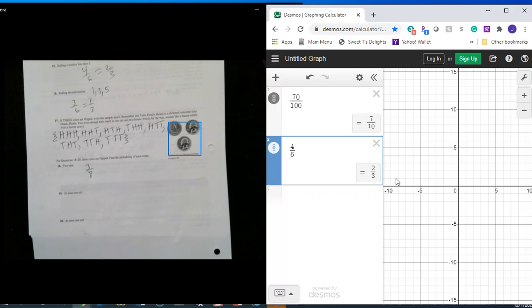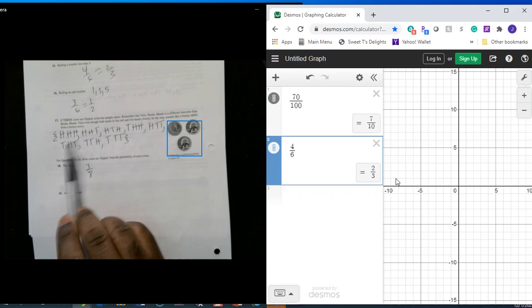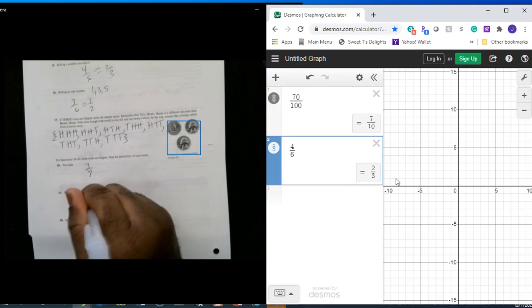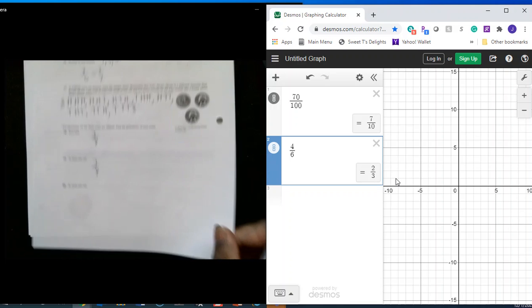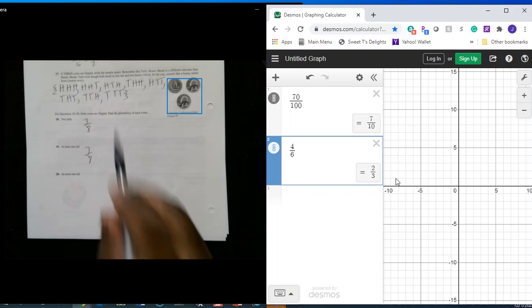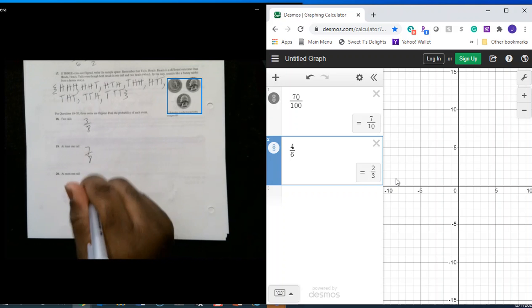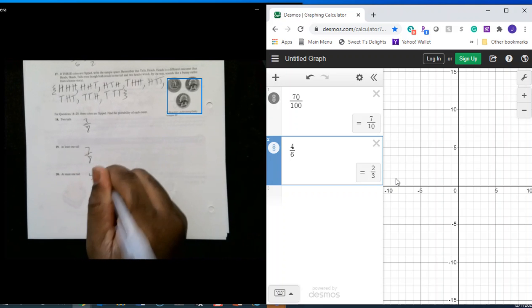Now it says at least 1 tail. That means 1 tail or higher. So we got 1, 2, 3, 4, 5, 6, 7. So that'll be 7 out of 8. And then it said at most 1 tail. So it could only be 1 tail or no tails. So it's 1, 2, 3, 4. So that would give us 4 out of 8, which is 1/2.